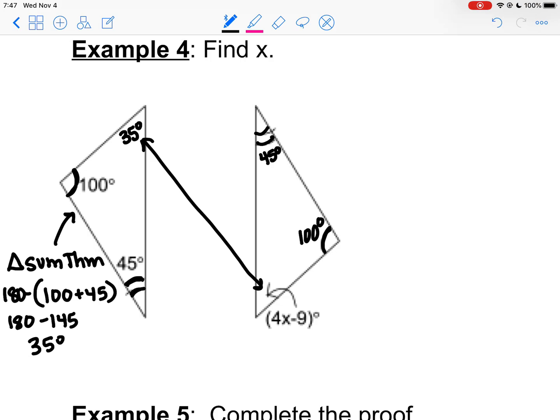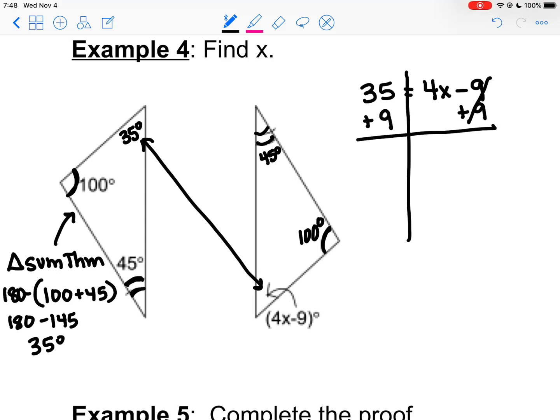So to find the value of x, I'm going to set those two expressions equal to each other. So my equation that I solve is going to say 35 equals 4x minus 9. All right, so to solve this equation, I'm going to add 9 to both sides.